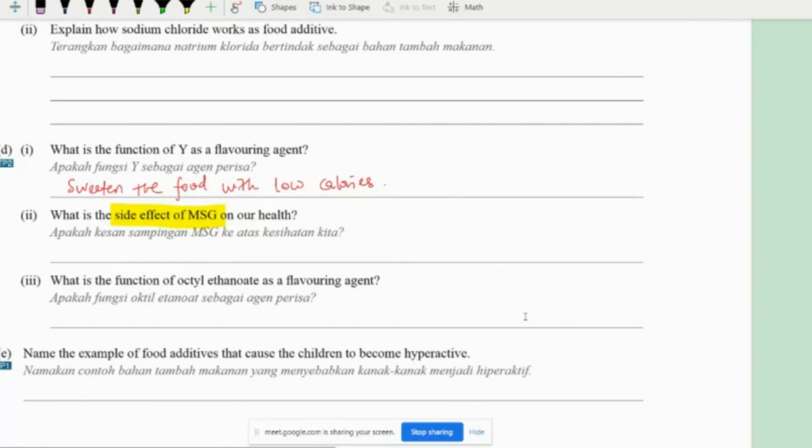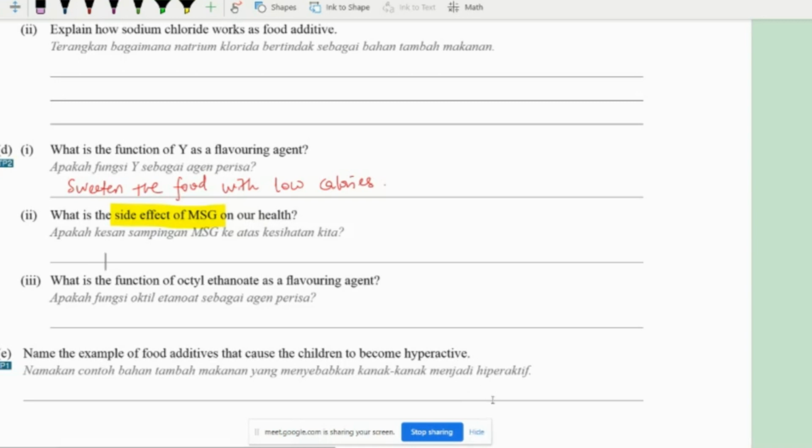Okay. Example. What do you think? If you eat a lot of MSG, what is the side effect? Anybody? You write something? Any headache? Yes. Okay.